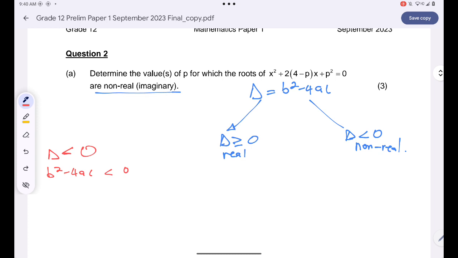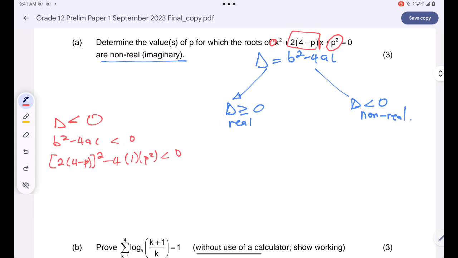What is b? b is the coefficient of x, a is the coefficient of x squared, and c is whatever does not have x. So the value of b is 2 multiplied by (4 minus p), all squared, minus 4ac. a is just 1. c is just p squared. This is less than 0.